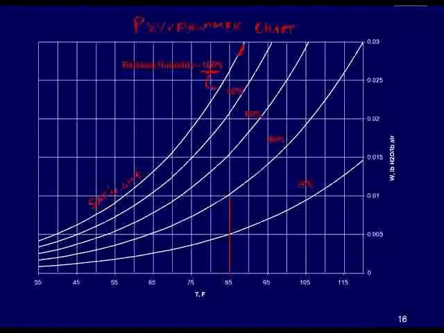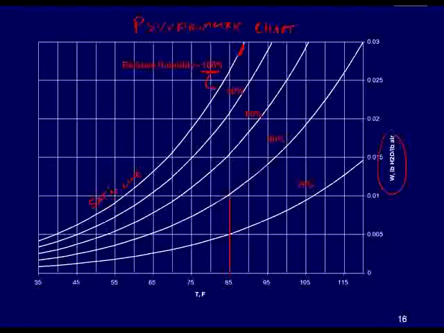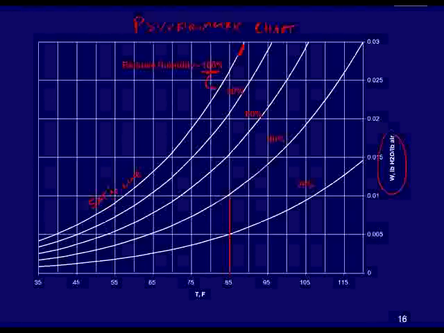As you go down to lower and lower, and by the way, this is what we call omega, the absolute humidity, or the specific humidity, the pounds of water per pound of air. It's a measure of the absolute amount of water in the air. The relative humidity is compared to how much water the air can hold.